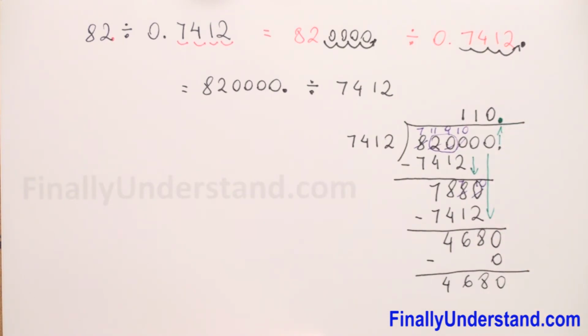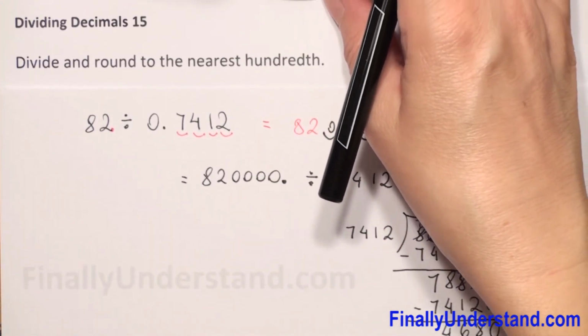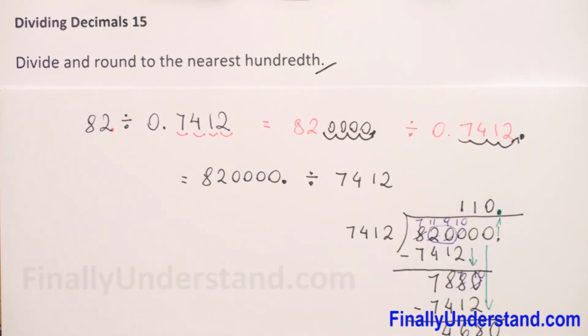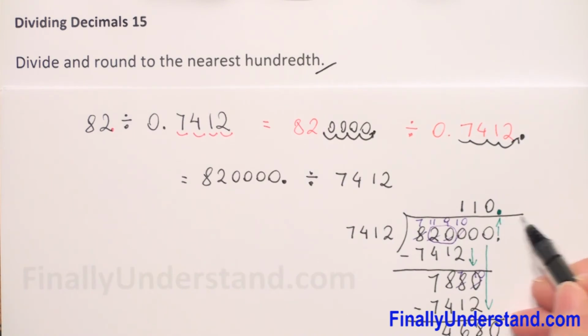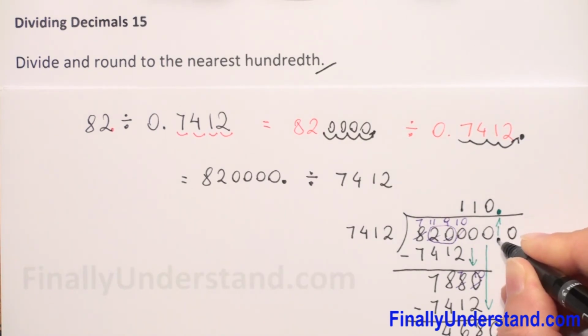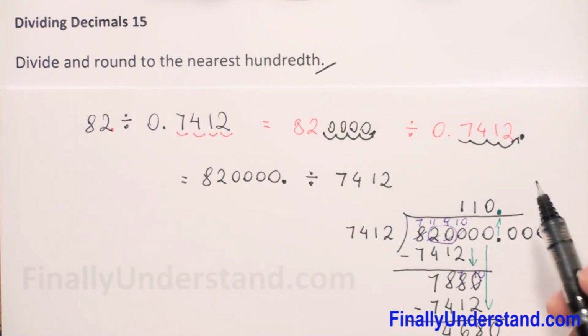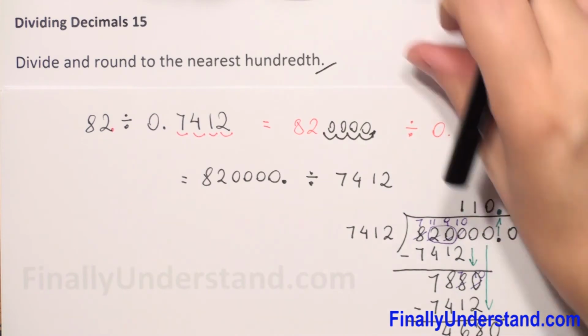And what else? Because we need to round our solution to the nearest hundredth, we need 3 digits after the decimal point. At that moment we have a decimal point and nothing. So what I will do, I have to add zeros after the decimal point to our dividend, because we need to round to hundredth, so I add 3 extra zeros.